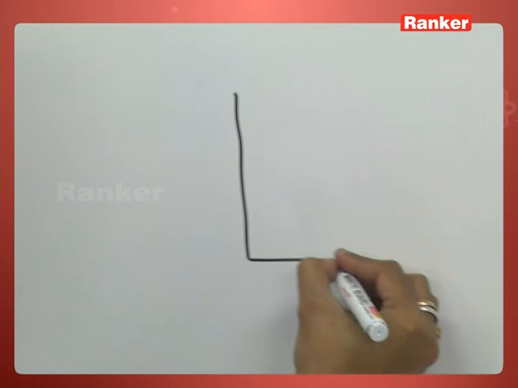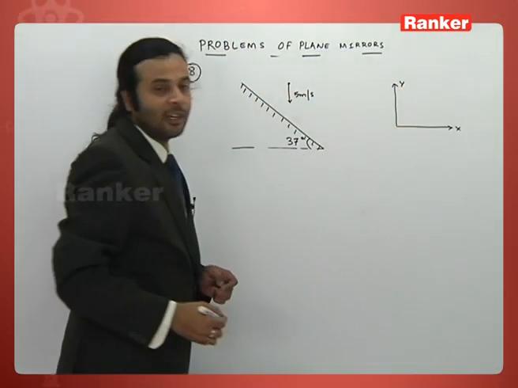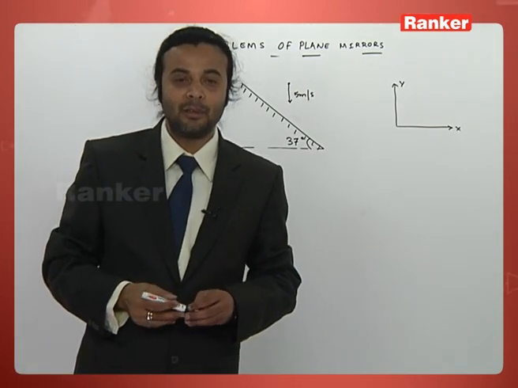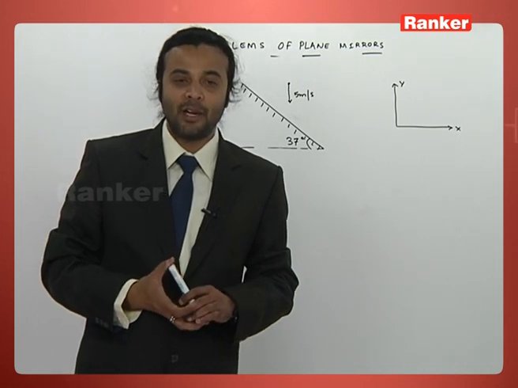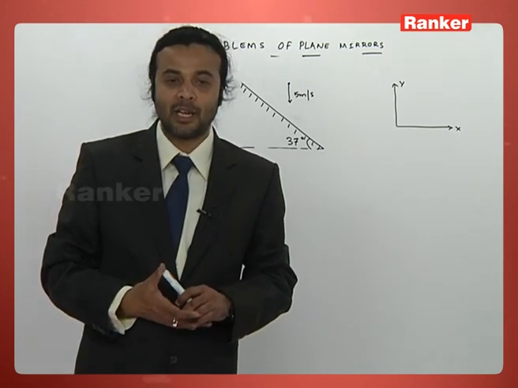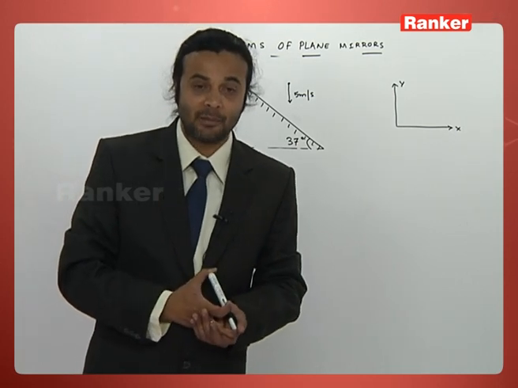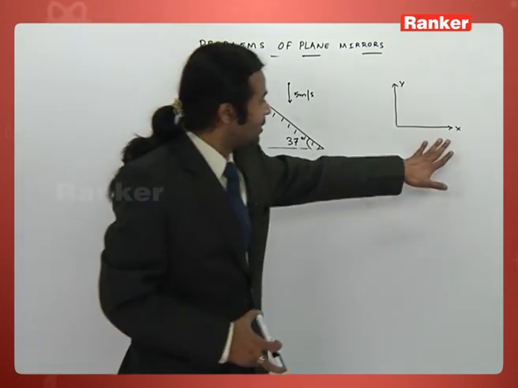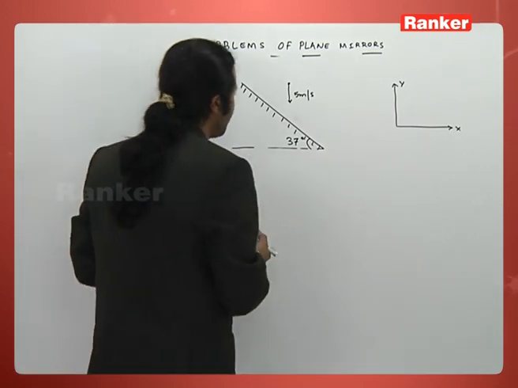I have to find out, and the options are given in terms of i j components: option A is 3i cap plus 4j cap, B is 4i cap plus 3j cap, C is 4.8i cap plus 1.4j cap, D is 1.4i cap plus 4.8j cap. That means he is trying to find the velocity of the image in terms of x and y components. So it's only a calculation way.